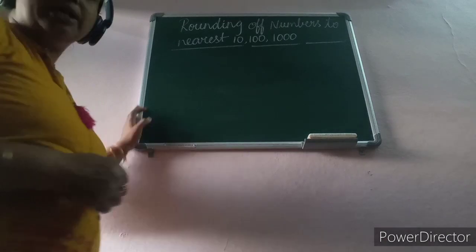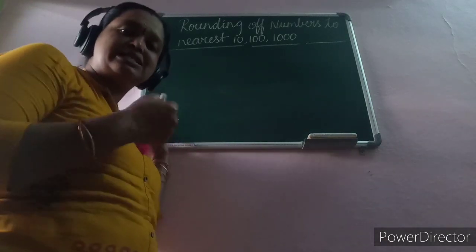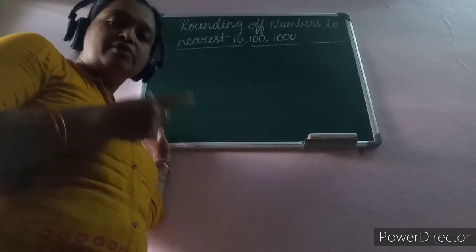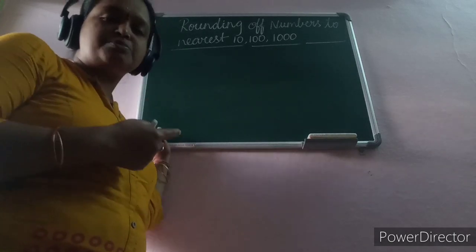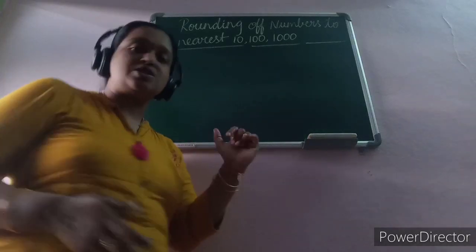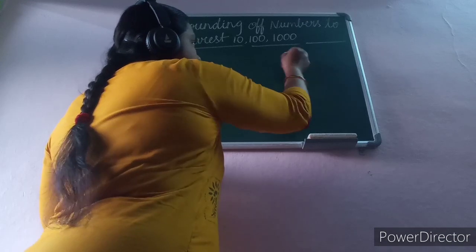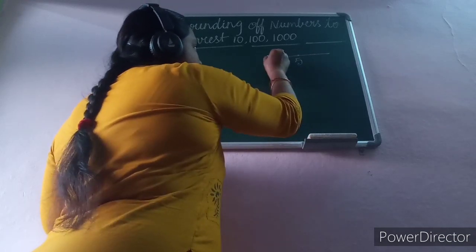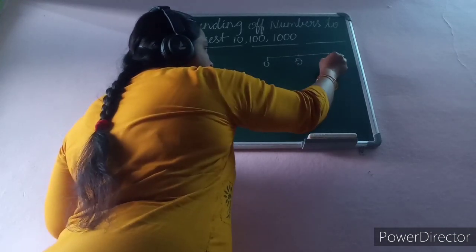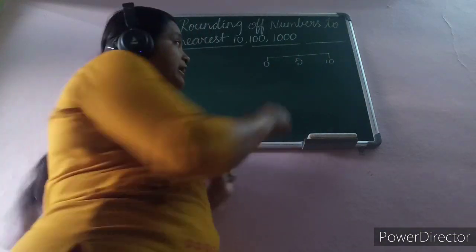Next, we are going to learn some easy techniques and easy steps to follow. First thing, before getting into the steps, you should remember that when you are rounding off a number to the nearest 10, your midpoint is 5. As this is the midpoint from 0 to 10, your technique will start here.